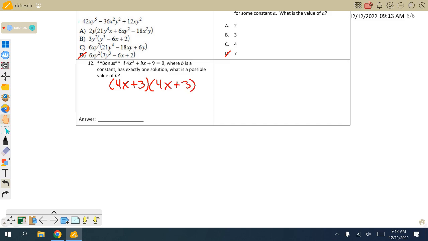Factors of 9? 1 and 9, and 3 and 3. 4 is 2 and 2. So it has to be exactly the same, and it's both pluses because 9 is positive there. To get the exact same solution, that has to be a 3 there.